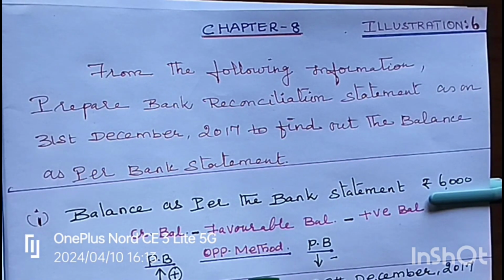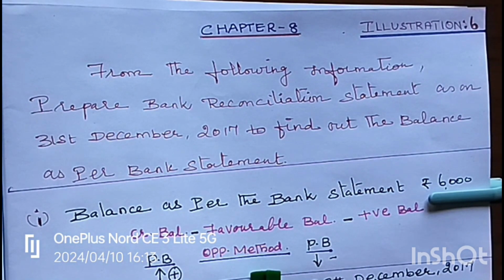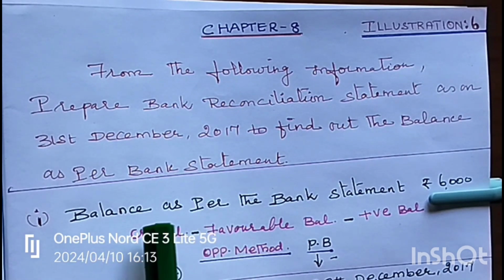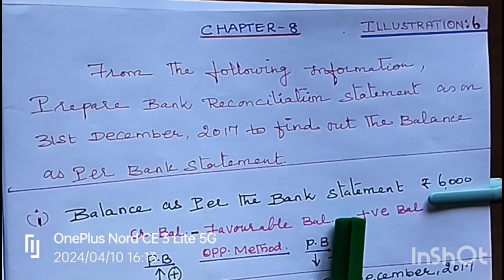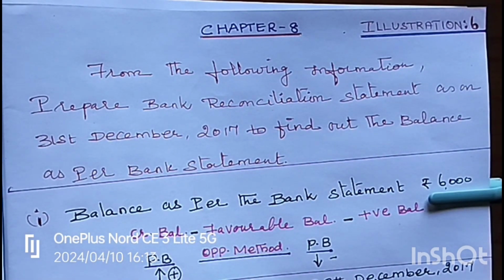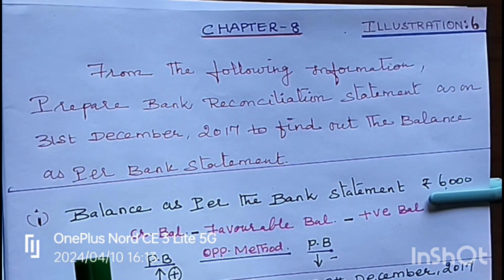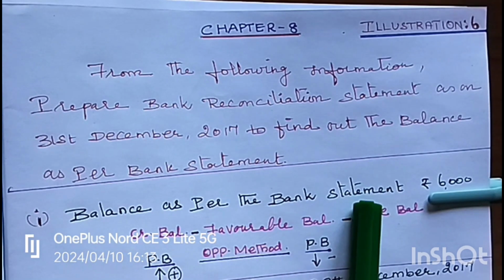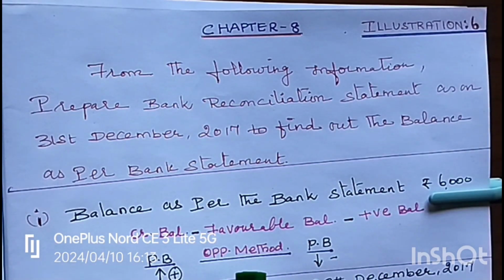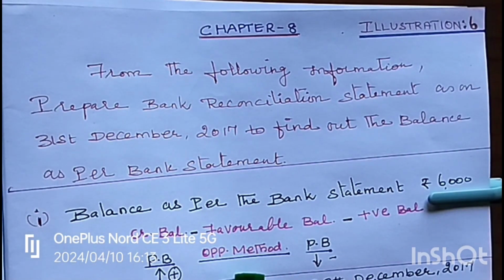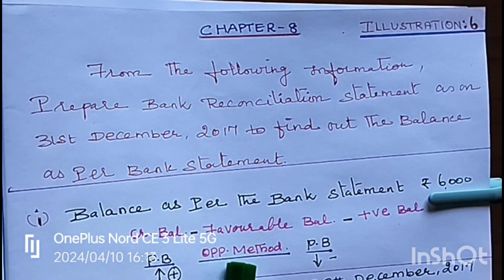So we have to use the opposite method. If they given us the balance as per the cash book, we will use the original method. But here what we given? We given here balance as per the bank statement. So we need to use the opposite method. Are you clear?